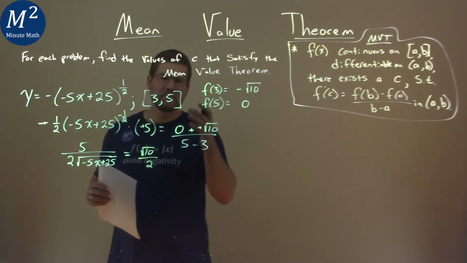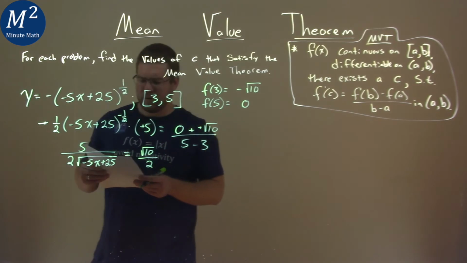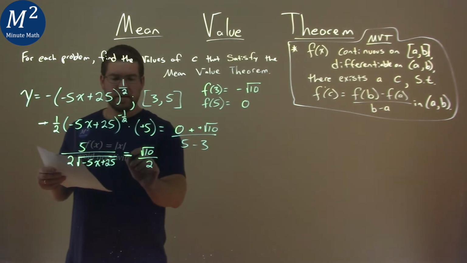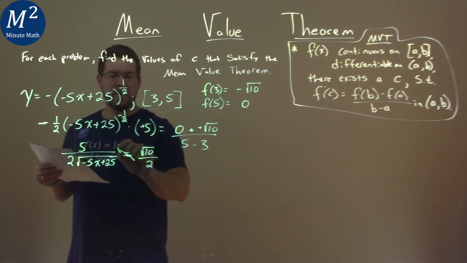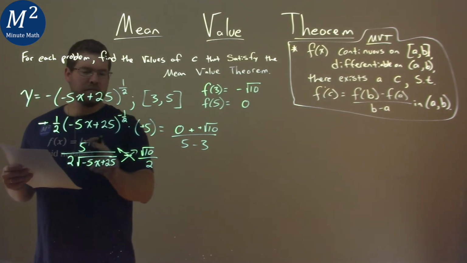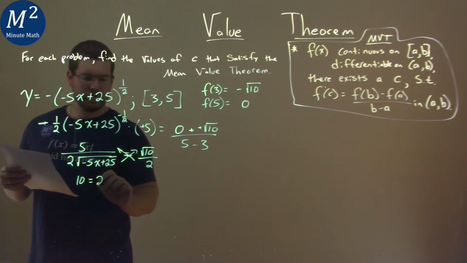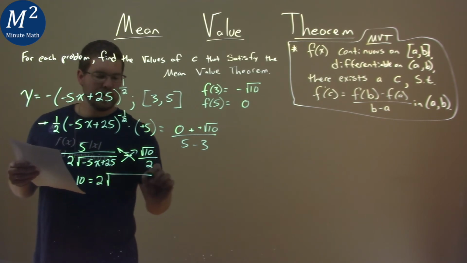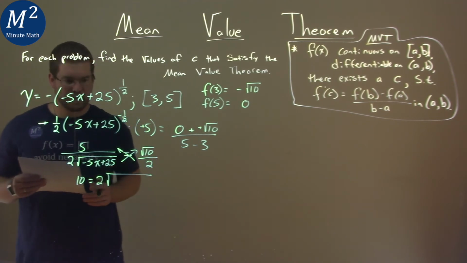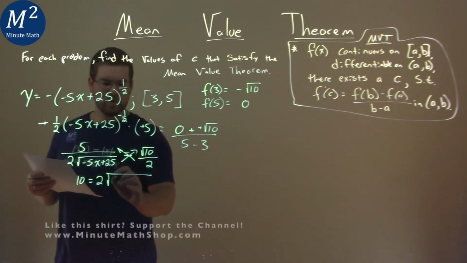Anyway, now what I want to do is cross multiply here and see if we can simplify. 5 times 2 is 10. And that's equal to 2 times the square root. Now we can combine the square roots into one big square root with multiplication.